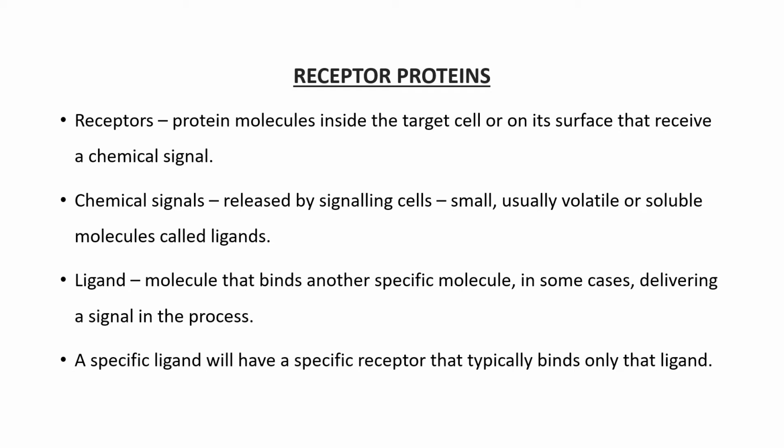These chemical signals are generally released by the signaling cells, and they may be small, volatile, or soluble in nature. They are generally called ligands, where ligands are the molecules that bind to another specific molecule, in this case a receptor protein, with the purpose of delivering a signal in the process.